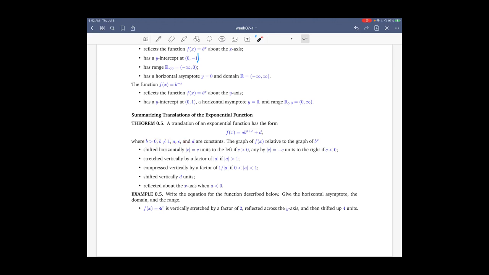We certainly need a to be non-zero. And the question we want to answer is how the graph of this function is related to the graph of the function b to the power x. Well, I would first perform a horizontal shift.